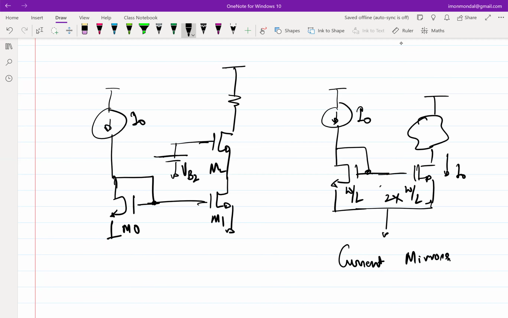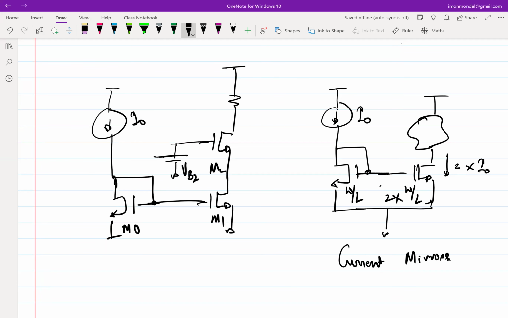The VGS remains the same. So W by L scales by a factor of 2. If the right-hand side transistor is still in saturation, which is not a given, and you have to ensure it, then it is expected that the current in the right-hand side branch will also scale by a factor of 2.